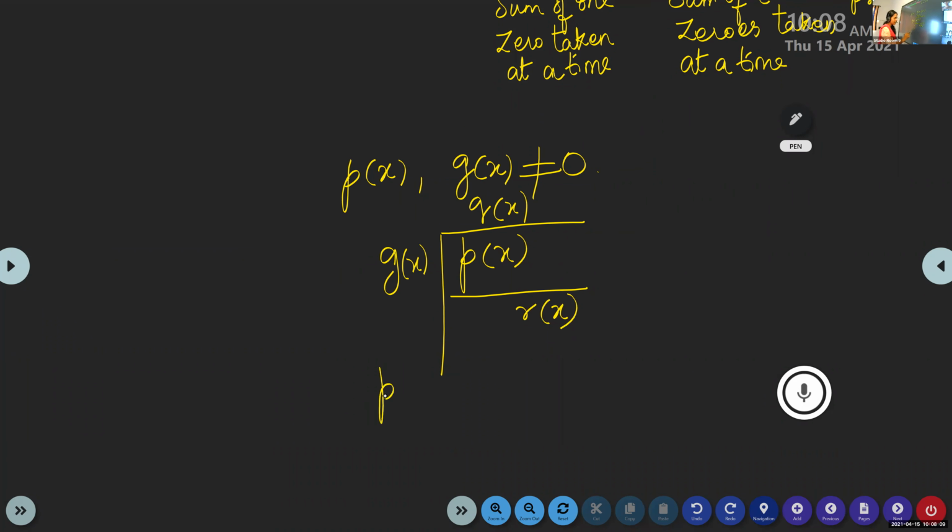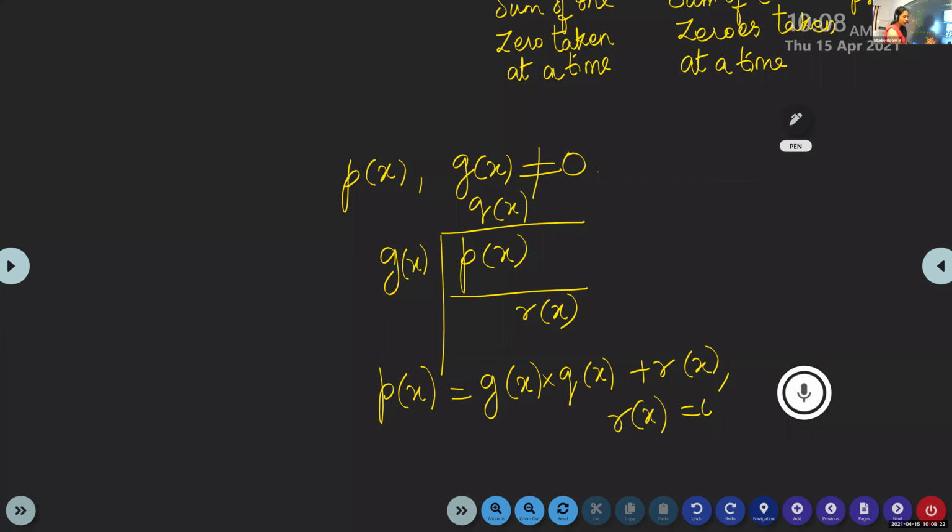So we can write this as p of x is equal to g of x into q of x plus r of x, where r of x is 0, where the remainder is 0, or the degree of r of x will be less than the degree of g of x.